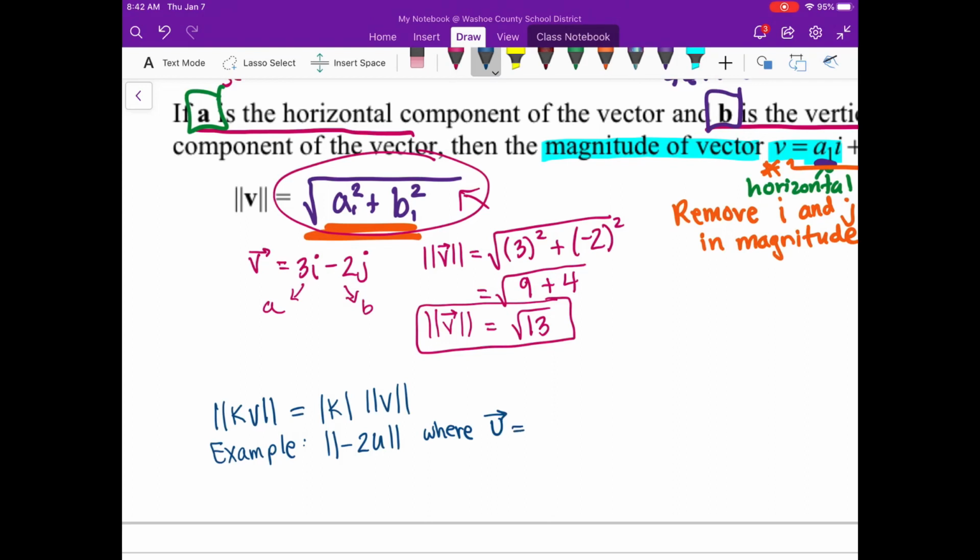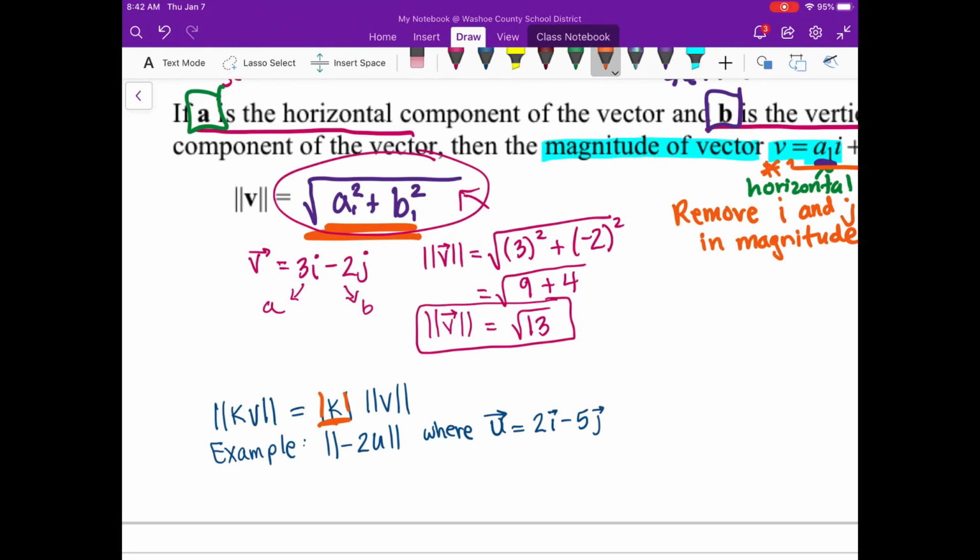Find this where your vector u is, let's say, 2i minus 5j.